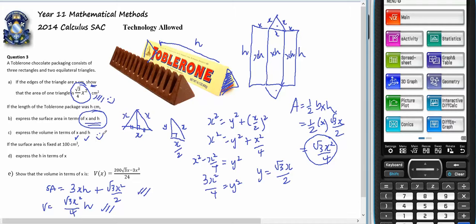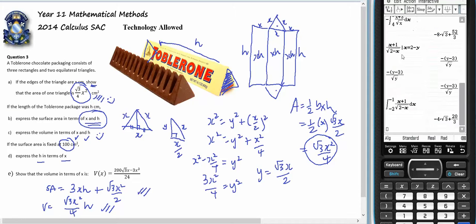If the surface area is fixed at 100, express h in terms of x. Okay, so I know that the surface area is 100.